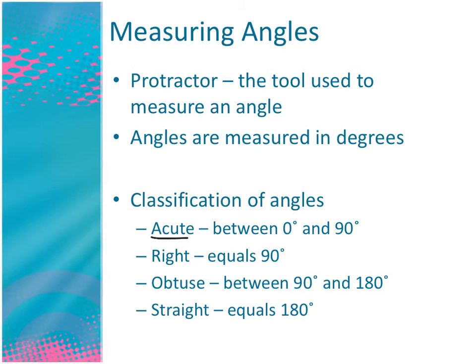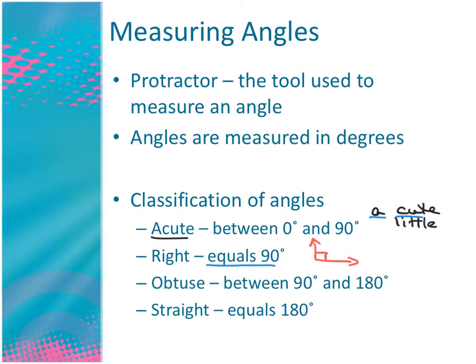We have an acute angle, which is an angle between 0 and 90 degrees. Whenever I see the word acute, I think of it's a cute little angle. So sort of take the word acute and say that it's a cute little tiny angle. It's the smallest angle there is. Then a right angle equals exactly 90 degrees. If you ever see a picture of a right angle, it's going to be a square.